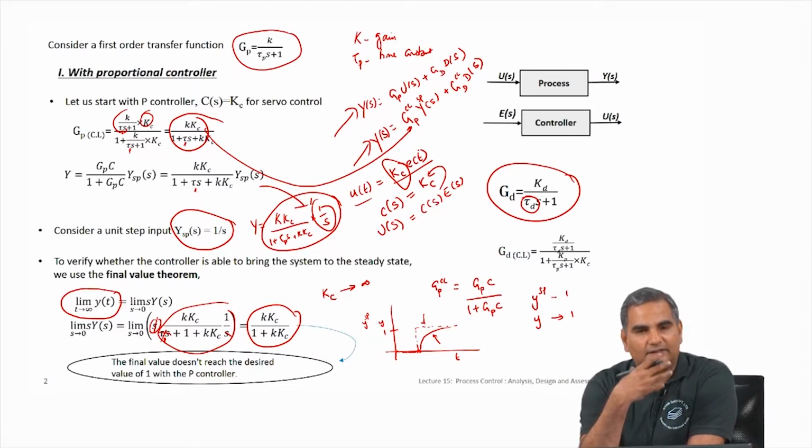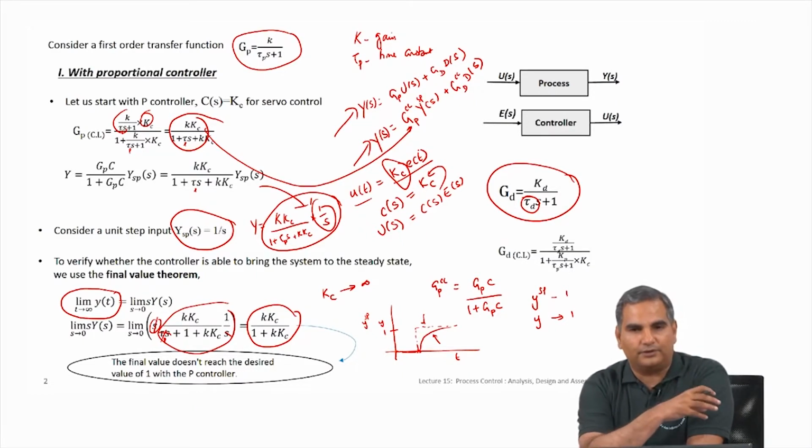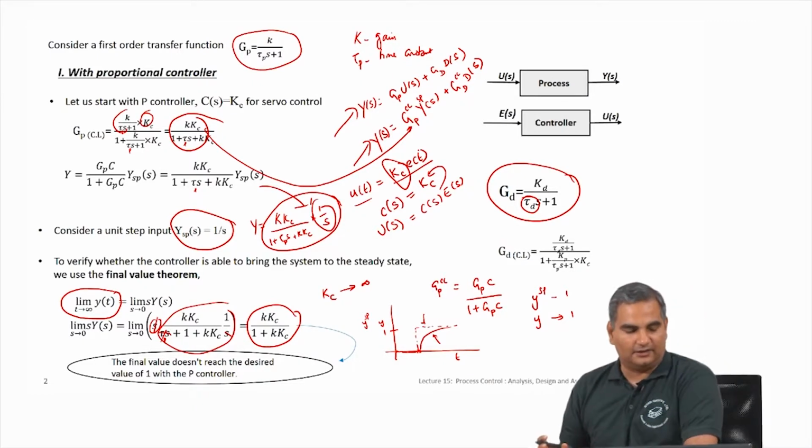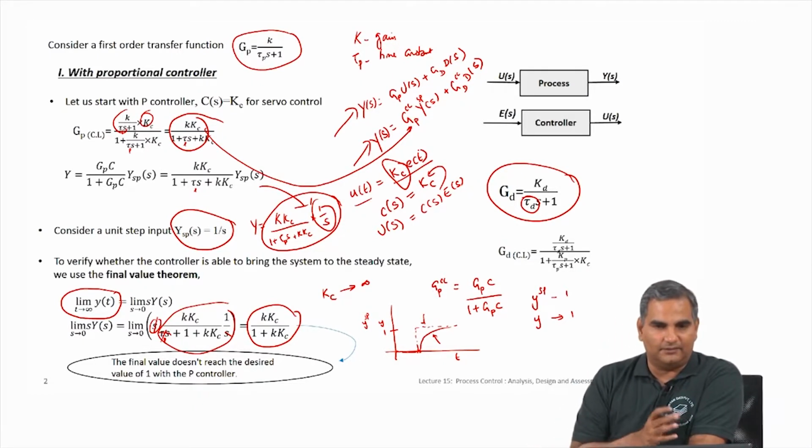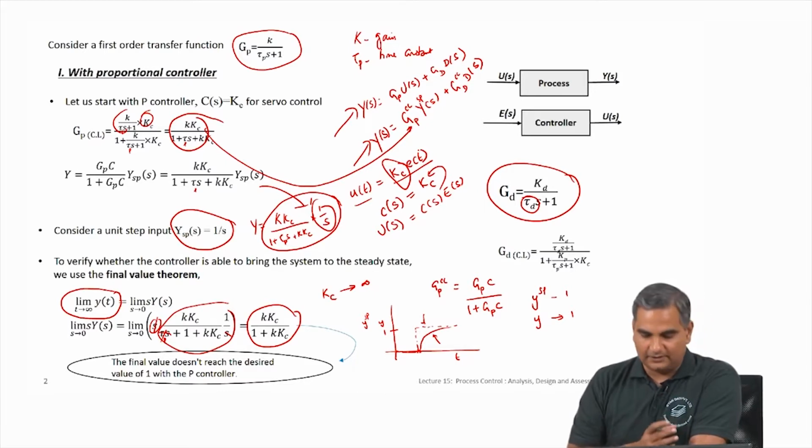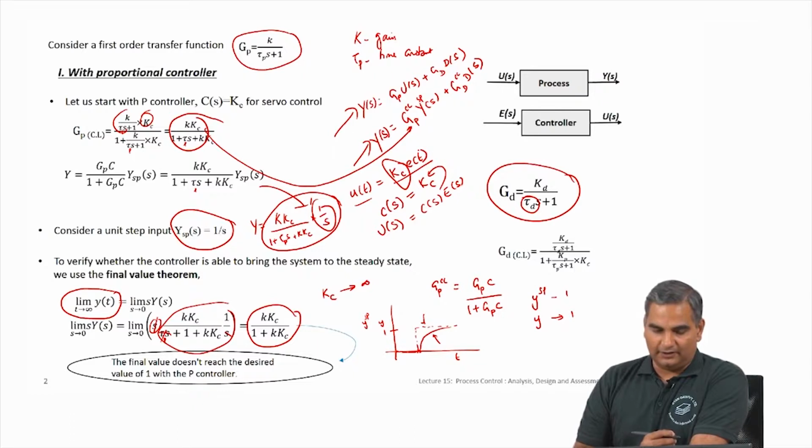So there are several useful properties of proportional control: ease of implementation, simplicity, does not introduce unnecessary oscillations and so on. However, the negative is offset. So you will see in real plants several loops which are non-critical, but where you need simple control, you will see proportional controller. Okay. So the advantages are basically rooted in its simplicity and ease of implementation, and the disadvantages basically in the offset.